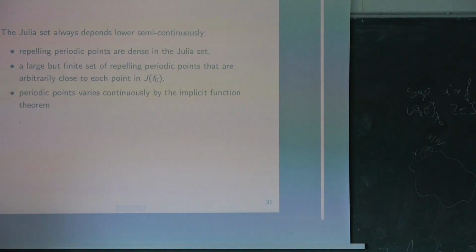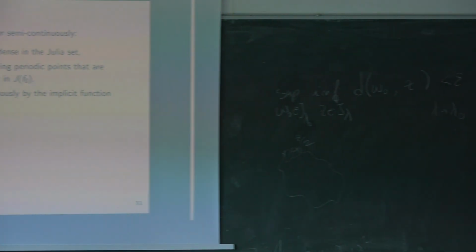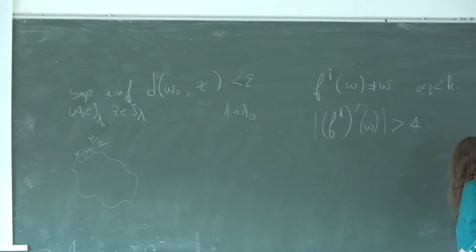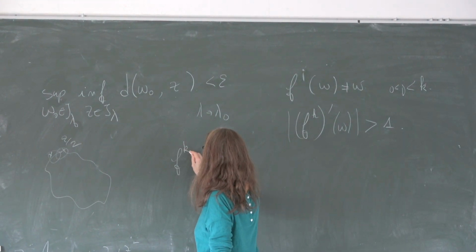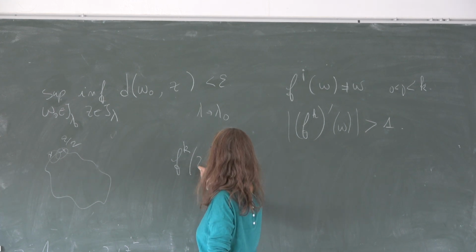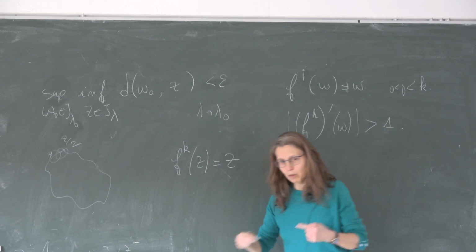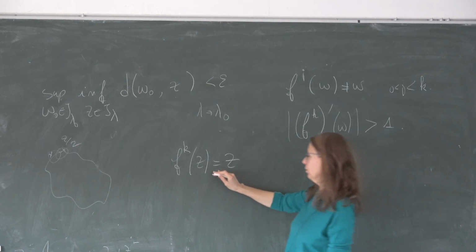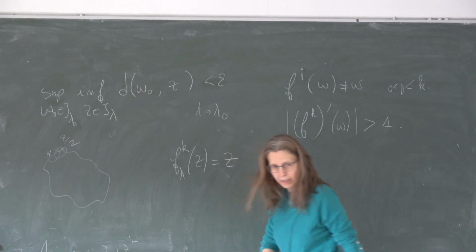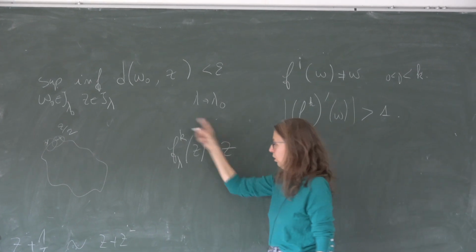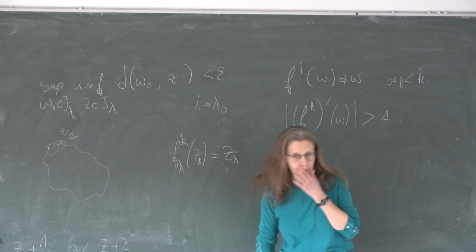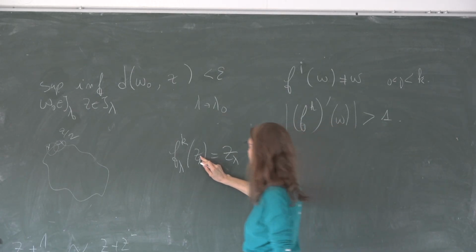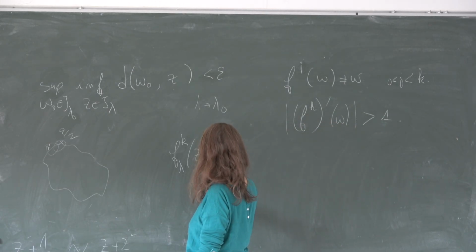And what is important about a repelling periodic point is that, using the implicit function theorem, you can solve the equation of being a repelling periodic point. Being periodic corresponds to this equation. So if you put a parameter lambda here, you want to prove there is a solution depending on lambda, and this is possible by the implicit function theorem.